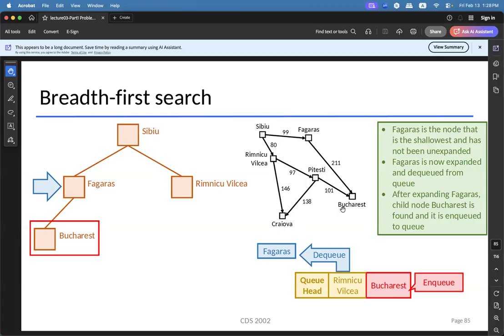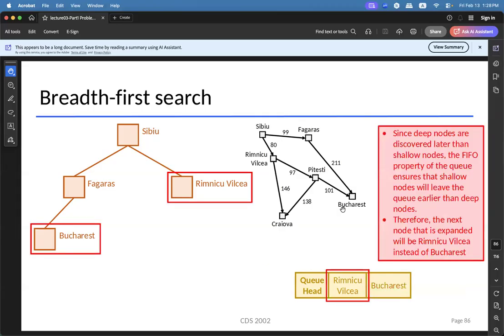The next question is whether we explore Remedial V-char first or Bucharest first. Because we are using a queue for our fringe, Remedial V-char was added to the fringe earlier because it was seen earlier, so it will get explored first.